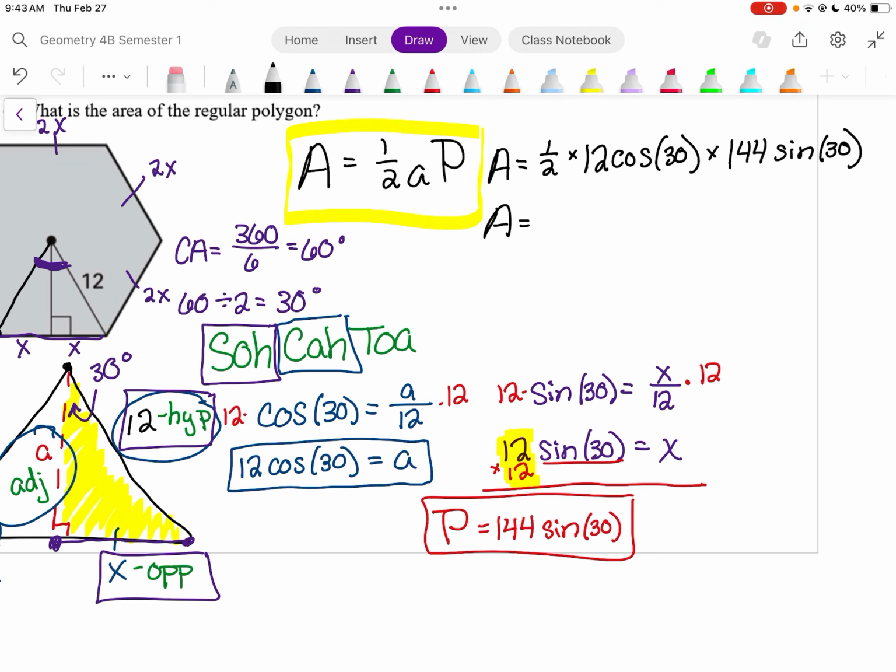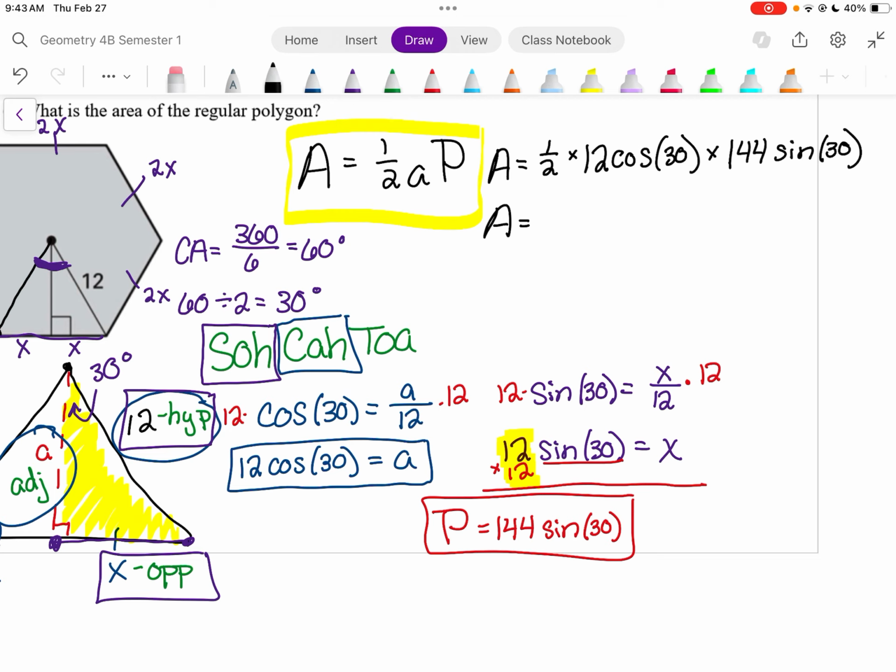Then we plug that all into our calculator. 12 cosine of 30 times 144 sine of 30. Again, I would practice typing this into your calculator to make sure you are getting the correct answer, because typing it into the calculator and knowing the equation are two very different things. You want to make sure you can do both on your quiz and your test.